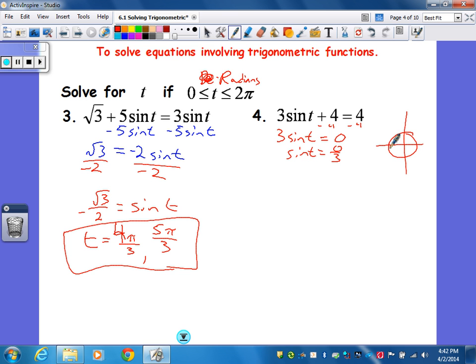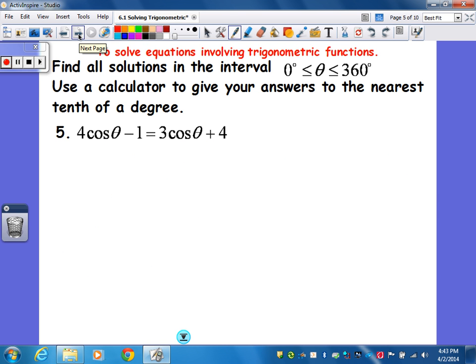Well, we know sine is 0 at this point and at this point. So that is pi, 0, and 2 pi. Okay? And since we're including 2 pi and 0, those are going to be two answers. So t equals 0, pi, and 2 pi. Okay? That was a pretty quick hitter there. Let's keep on going on.